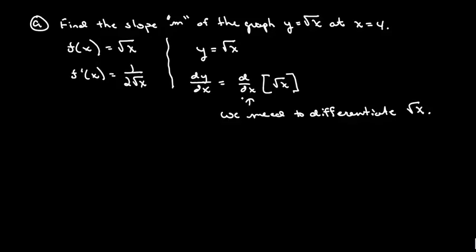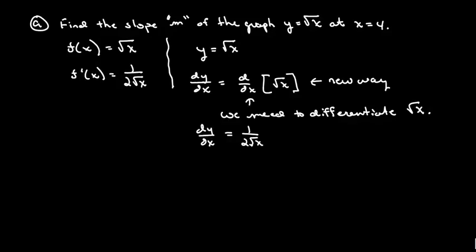So this says take the derivative of this. Well, we know what that is. That's equal to 1 over 2 square roots of x. Point being is that this is now a new way of looking at notation with the same answer.